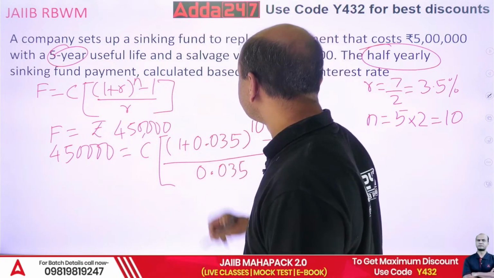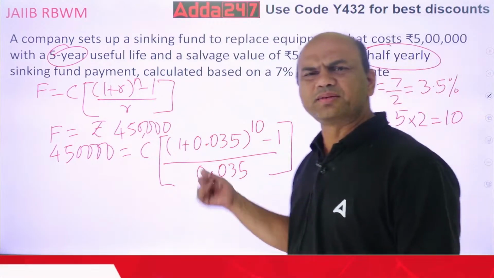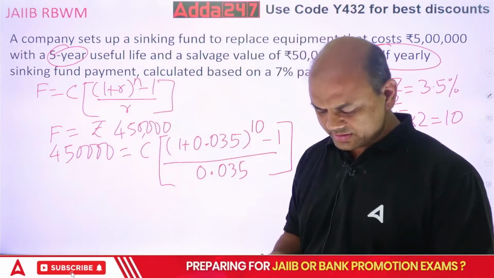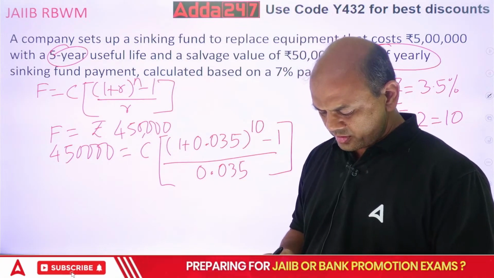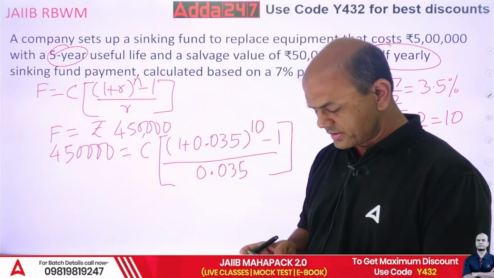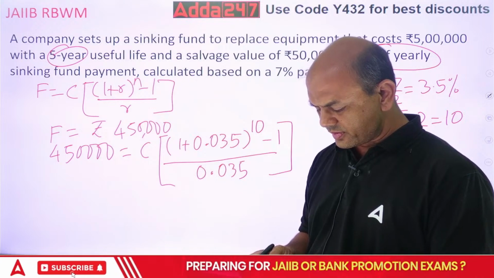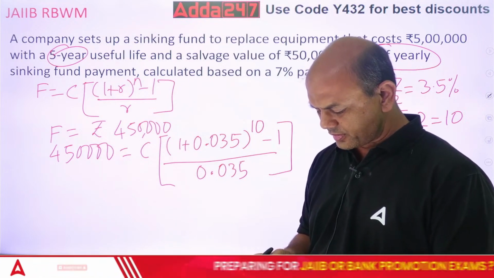Getting this, everyone? Solve this now. This is the same as the earlier one. You should be able to solve it. So what is it? 1.035 raised to the power 10. Do it, everyone.